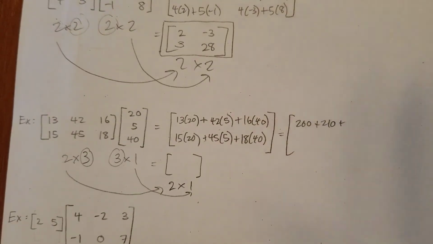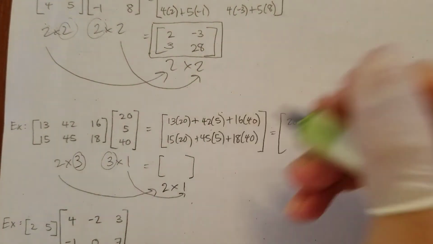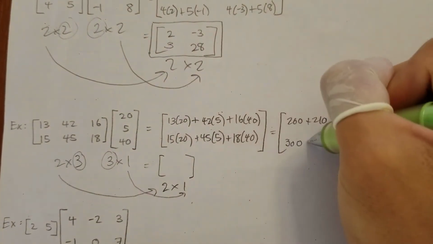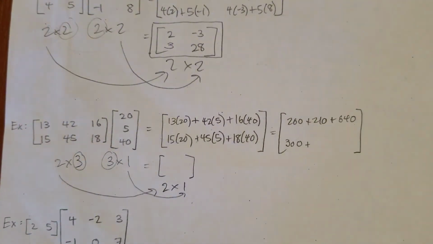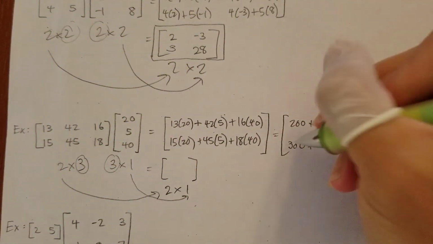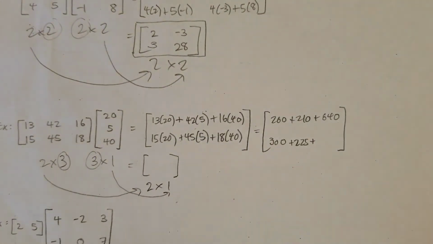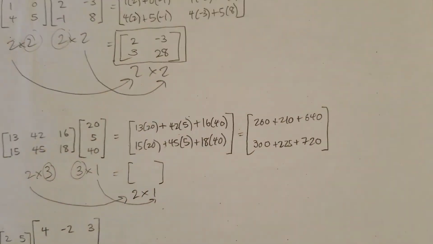Just double checking. 640. Okay. 15 times 20 is 300. 45 times 5, I believe that's going to be like 225 or something. Yep, 225. 18 times 40 should be 720.